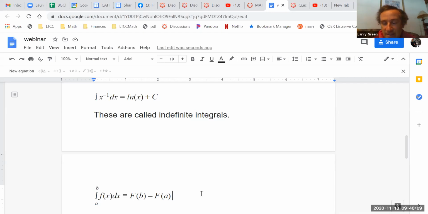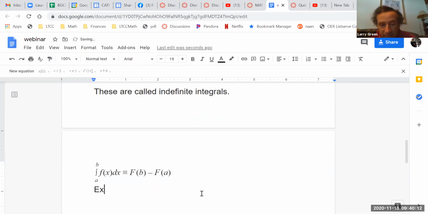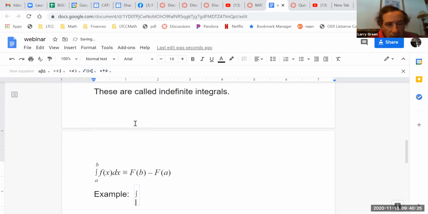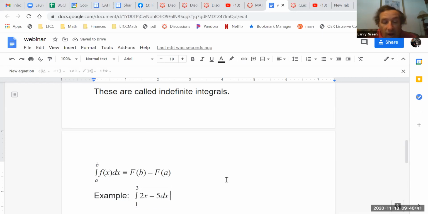and subtract. So for example, let's see what is the integral from, how about 1 to 3 of 2x minus 5 dx. All right, so the way I calculate this is I first just find the antiderivative.